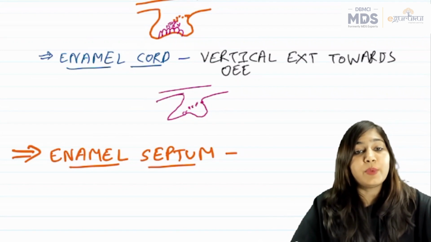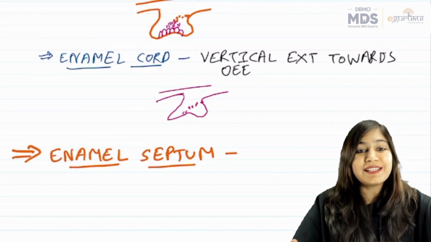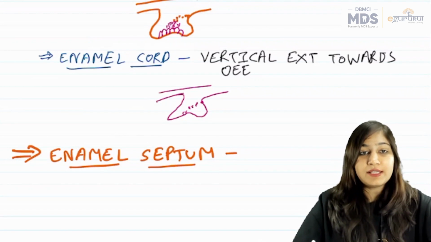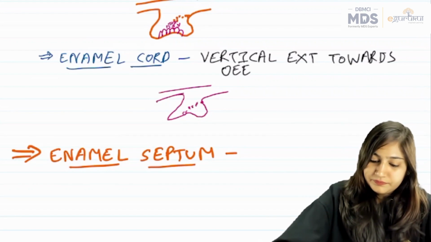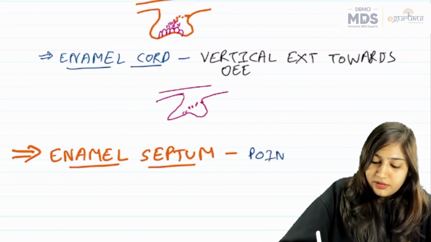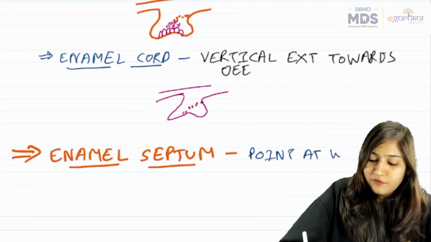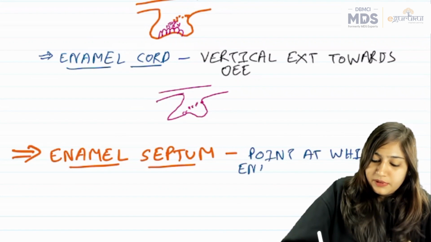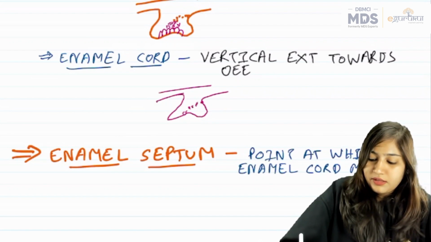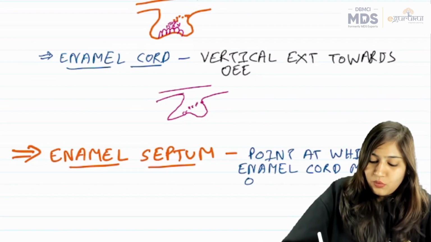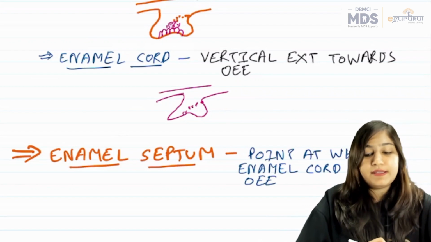The point at which the enamel cord meets the outer enamel epithelium is enamel septum.